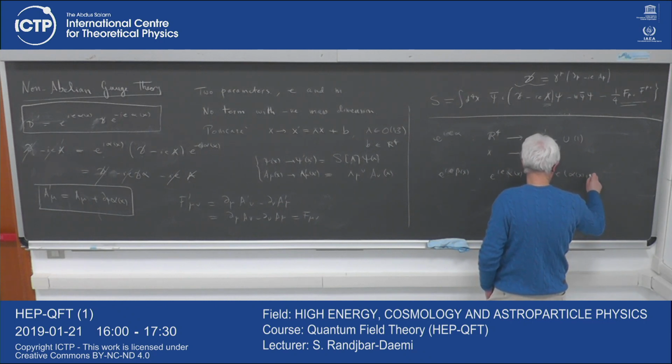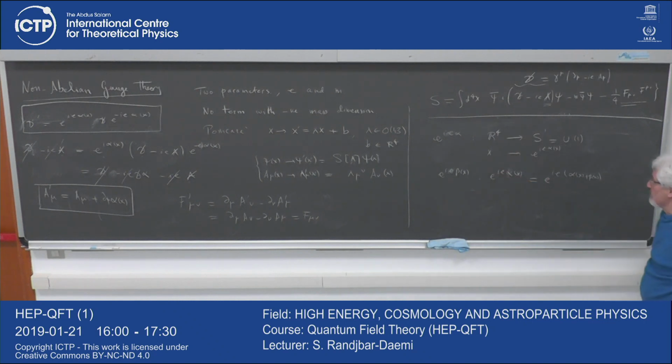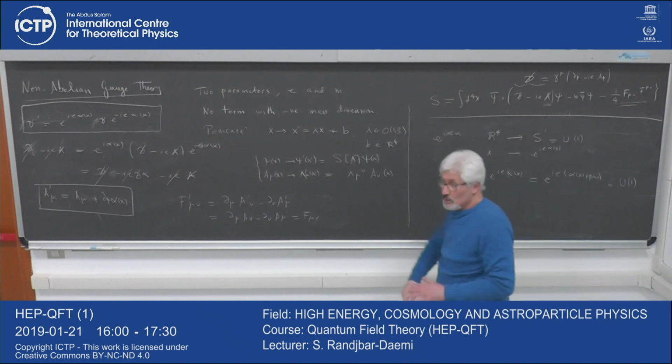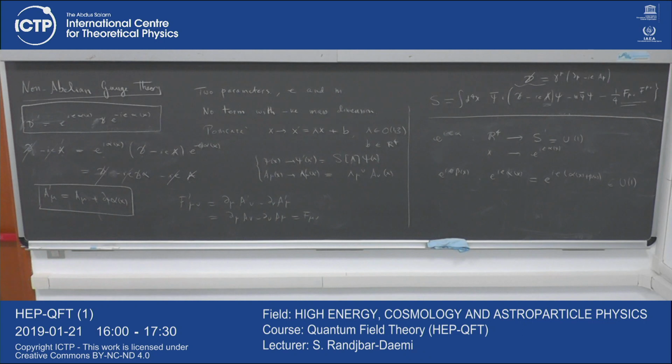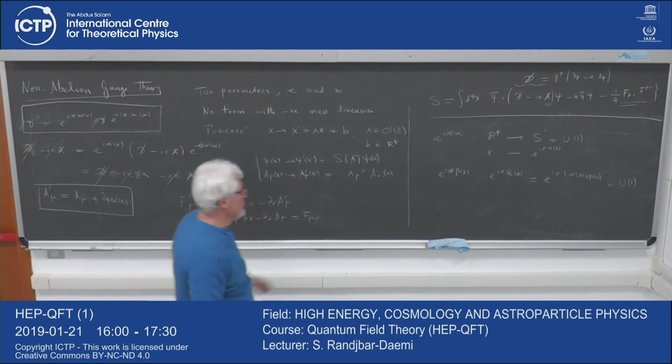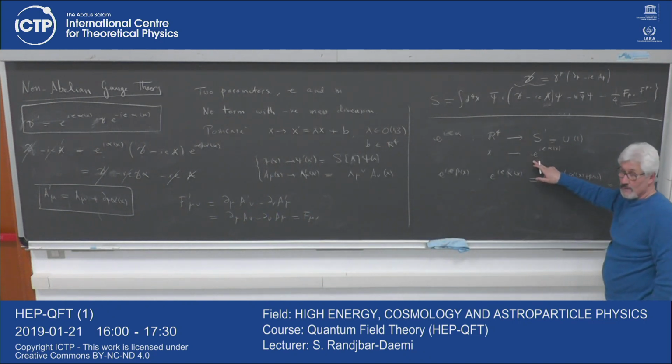So it gives you a new function which is the sum of these two functions in the exponents. So this also belongs to U1. The set of transformations form a group. The group is U1. For each point in space-time, for each x, you obtain a complex number of modulus 1. Okay?